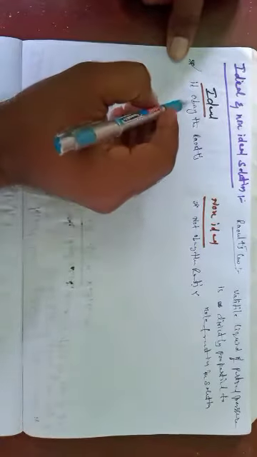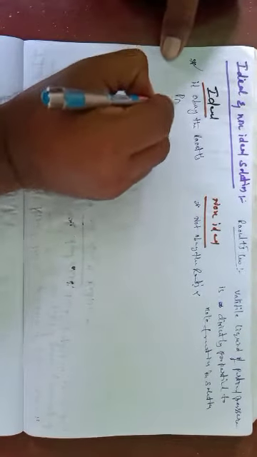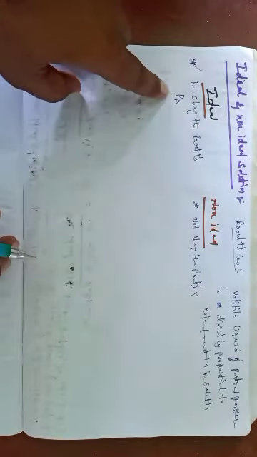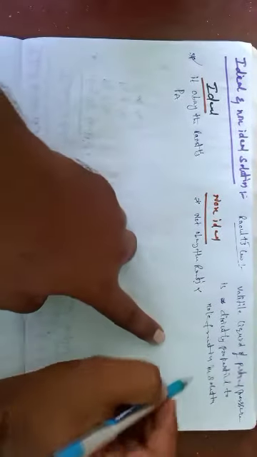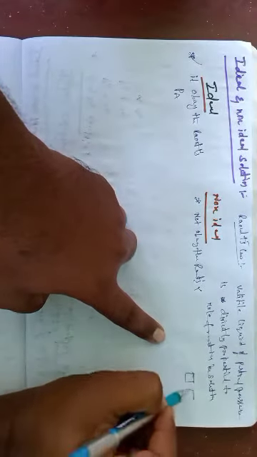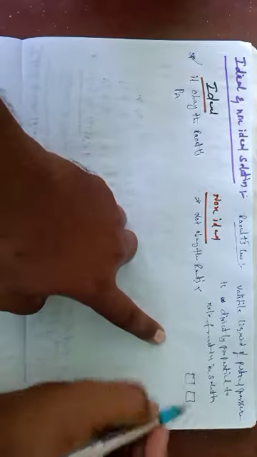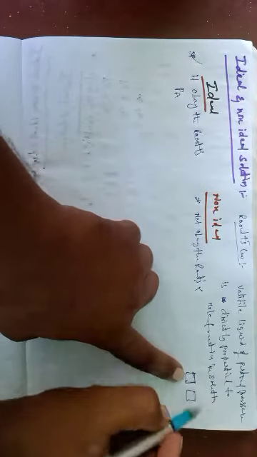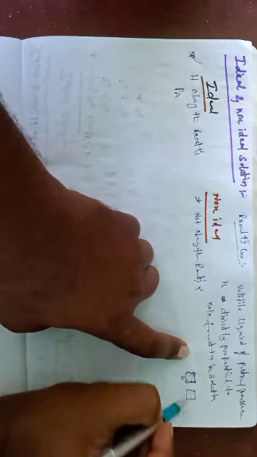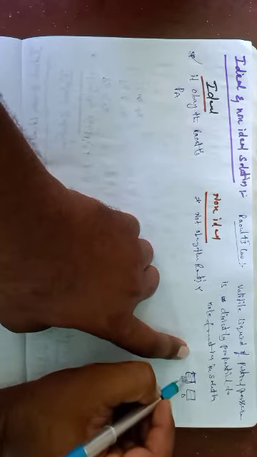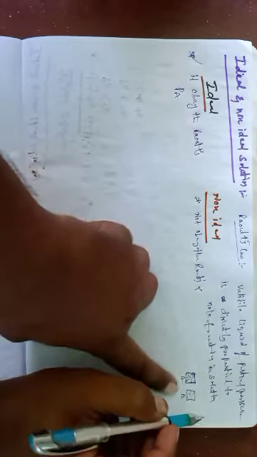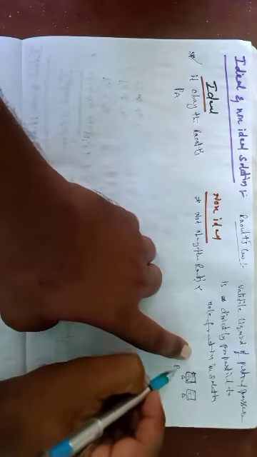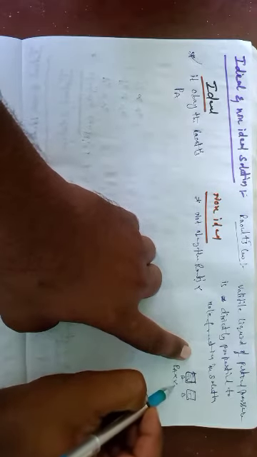Okay, what is Raoult's law? Suppose for component A and component B, we have taken two closed containers, as we discussed in the previous class video. For these two volatile liquids, the partial pressure is directly proportional to mole fraction.